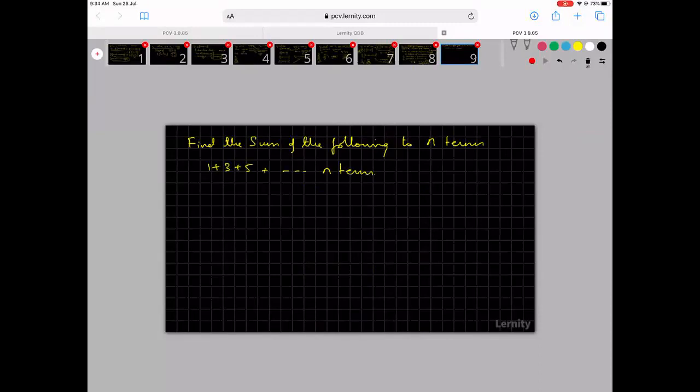Find the sum of the following to n terms. First, identify whether this is an AP or not. What is the first term? What is the common difference? And then try to work it out.